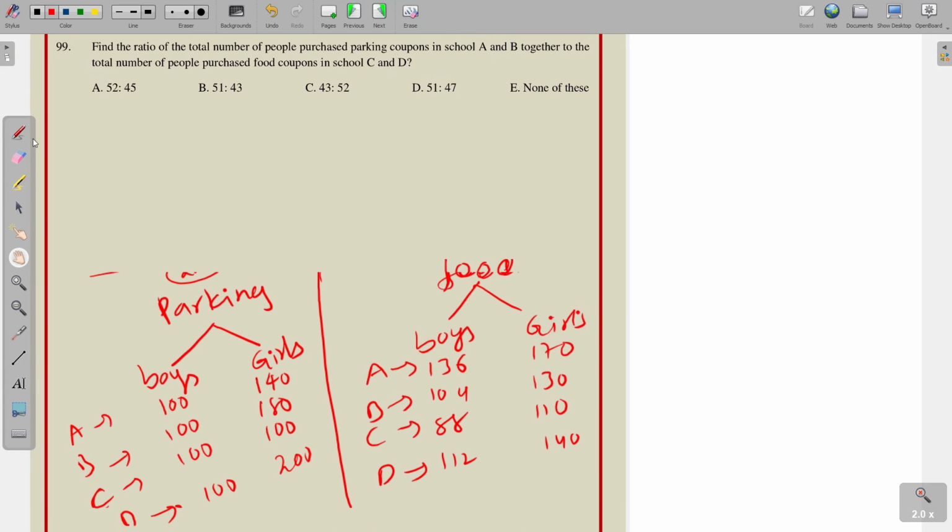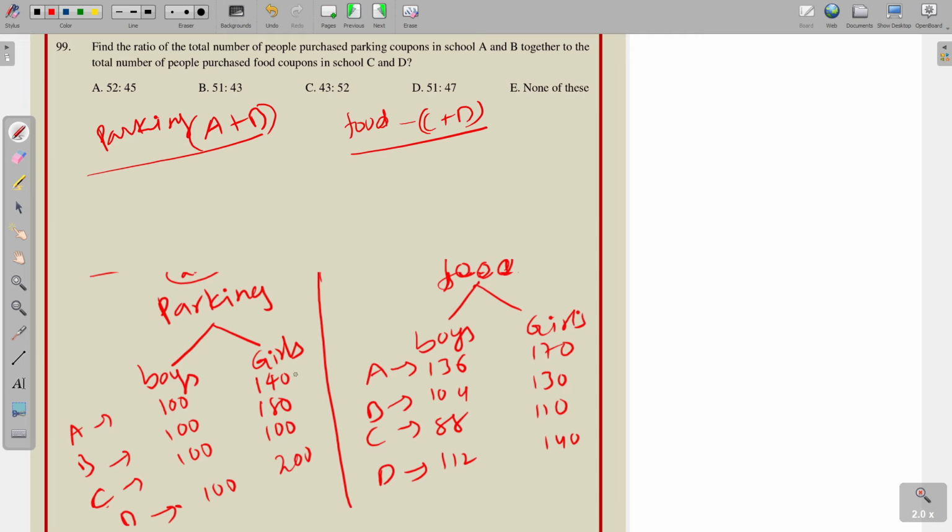So next question. Find the ratio of total number of people who purchased parking A plus B together, food C plus D together.